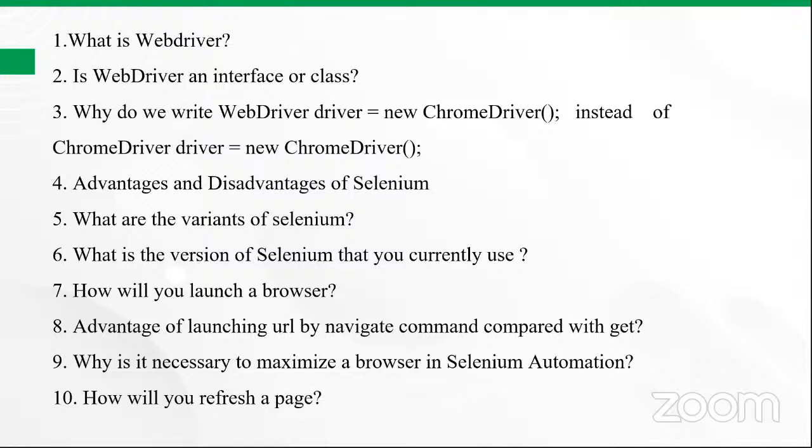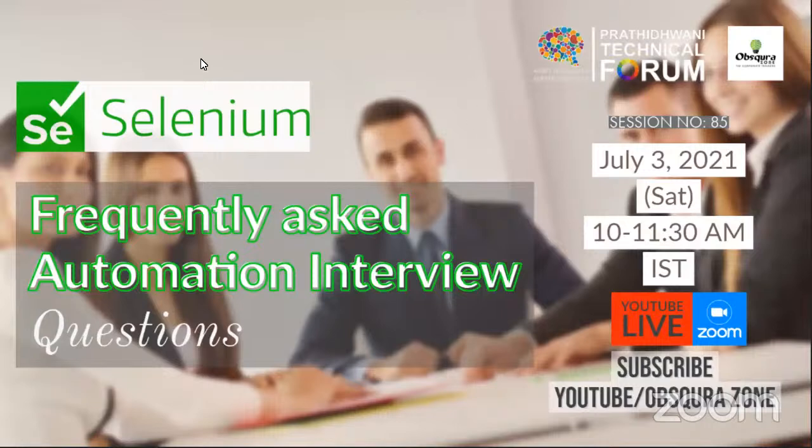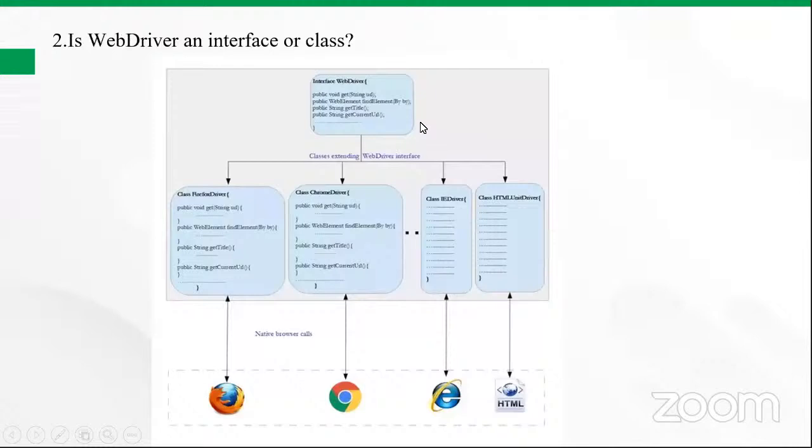Shall we move to the next question? Is WebDriver an interface or a class? Okay, so this is the structure. WebDriver, as you all know, is an interface, not a class or an abstract class.